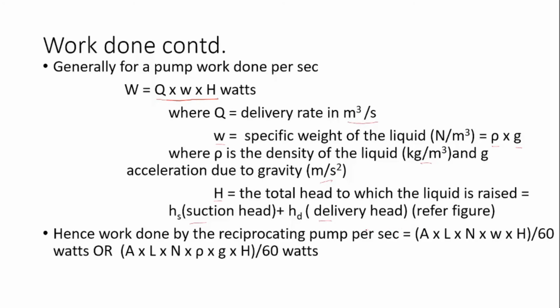So we have H, W and Q. Work done per second is equal to QWH. Q is equal to ALN by 60, W is equal to rho into g, then total head H. So the work done by the reciprocating pump per second is ALN rho gH by 60.